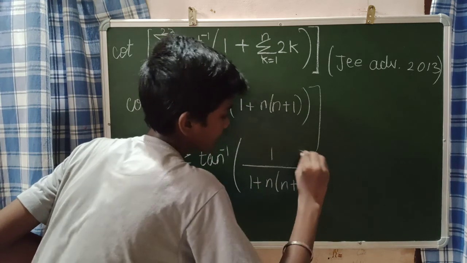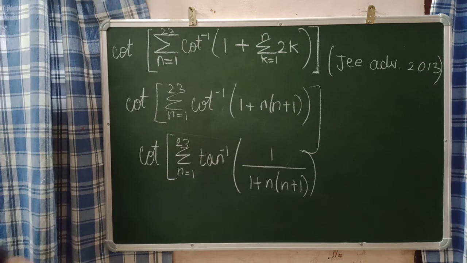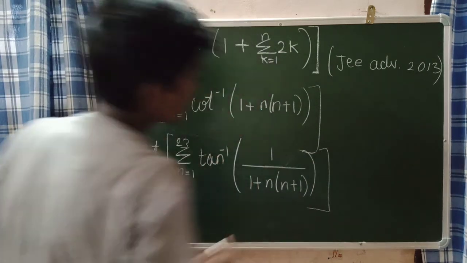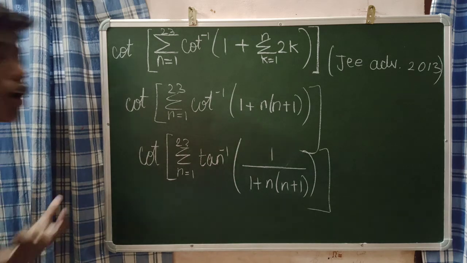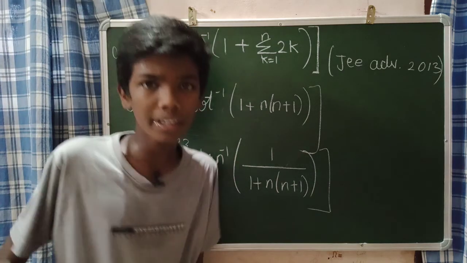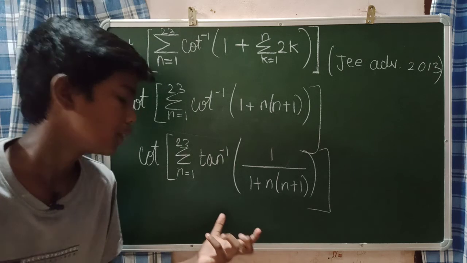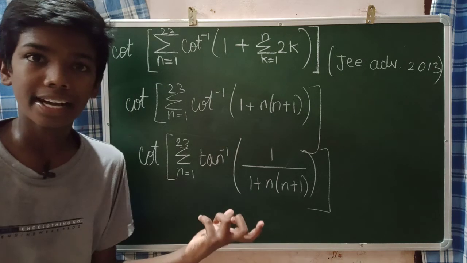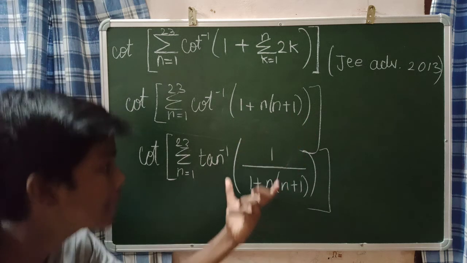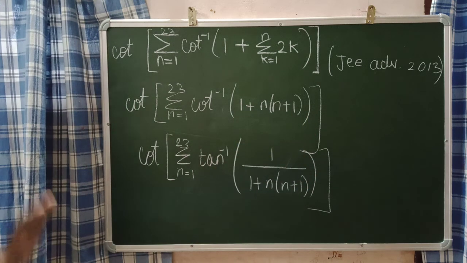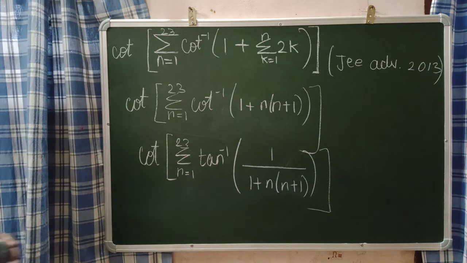This is what I will get when I convert this cot inverse in terms of tan inverse. Because guys, we know the reciprocal relation of tan theta and cot theta: cot theta is equal to 1 by tan theta. So the reciprocal of this inside expression will be nothing but 1 by 1 plus n into n plus 1. That's what I did now.